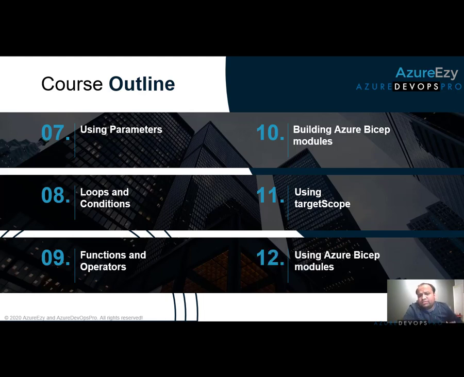The next lesson will be about using Azure Bicep modules. In the previous lessons, we will be seeing how you develop modules, why you need them, and what the basic constructs are when you are building an Azure Bicep module.